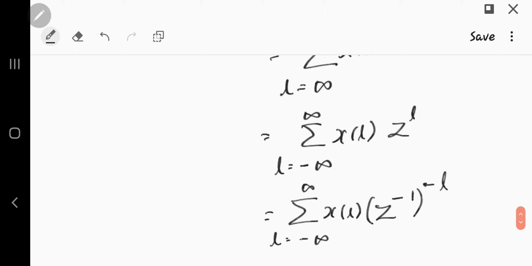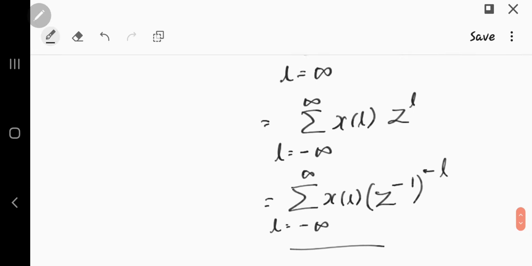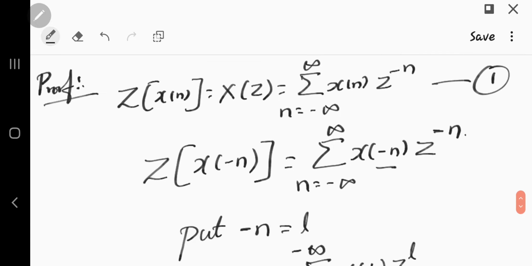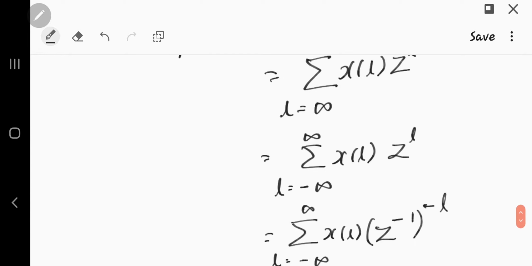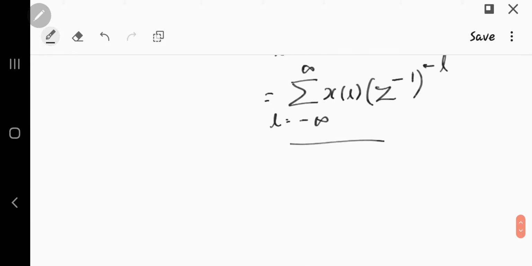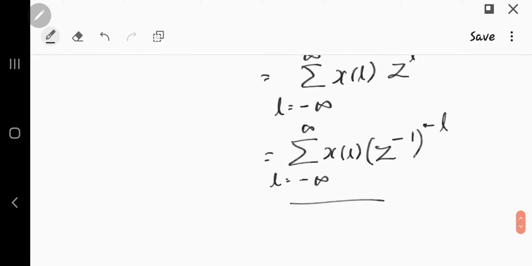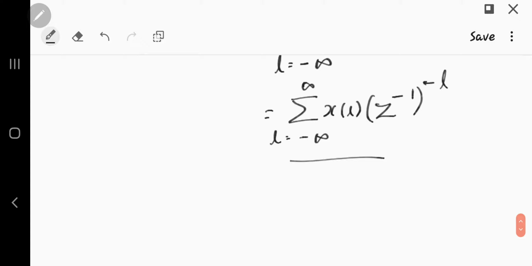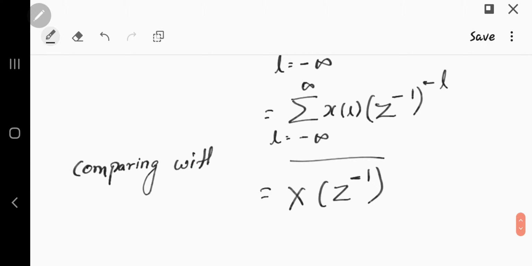Okay. Now if you compare this with equation 1, we have limit minus infinity to plus infinity, x of L is there. And here in place of z to the power of minus n, we have z inverse to the power of minus L. So that means we can write this as X of z inverse, by comparing with equation 1.